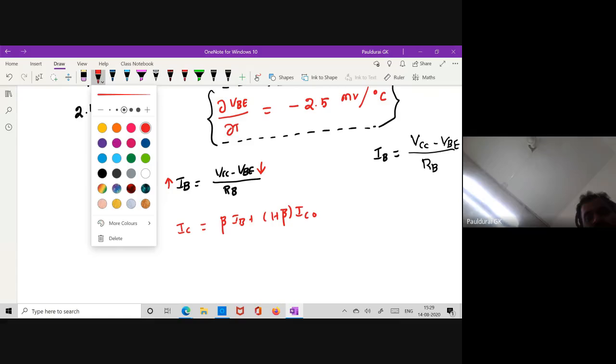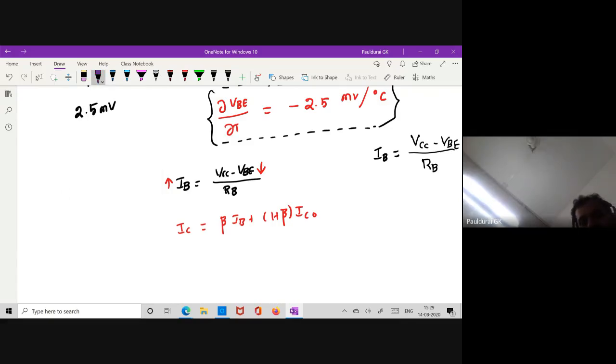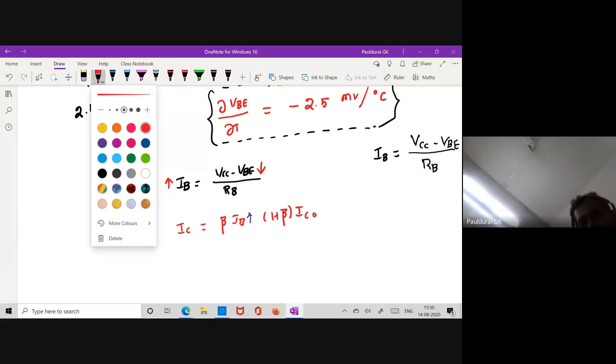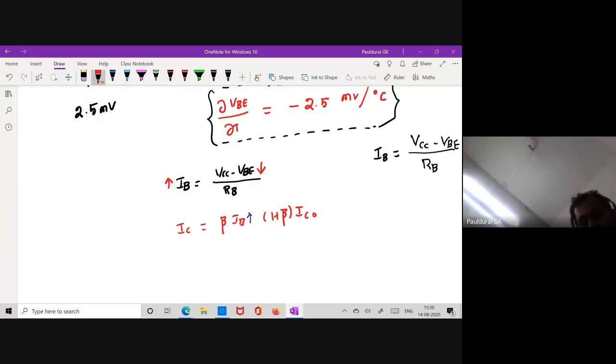Actually, what is happening here? IB increases, then what will happen to IC?